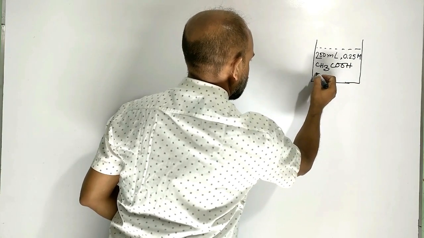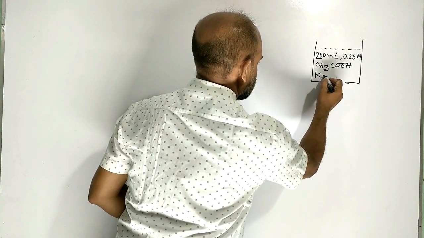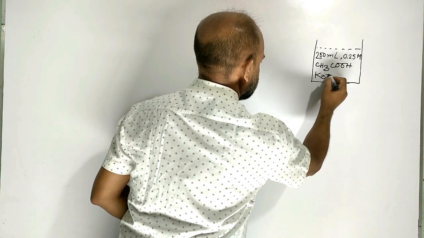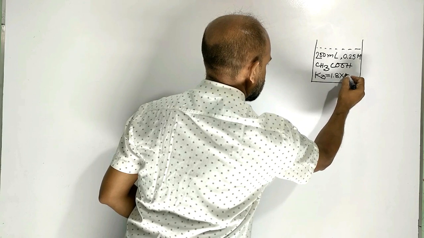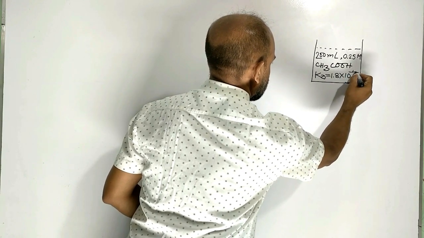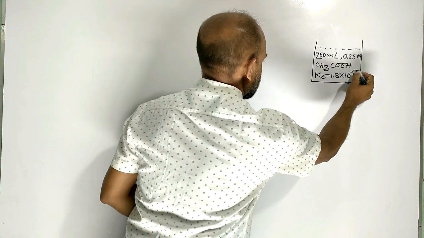We know the acid dissociation constant of acetic acid is 1.8 times 10 to the power minus 5.